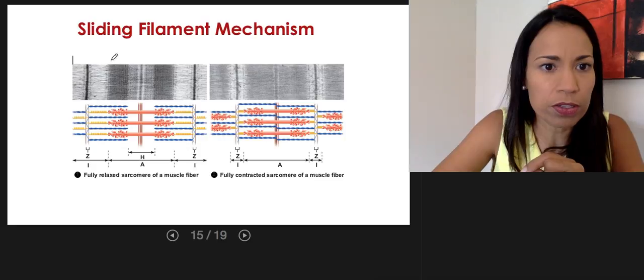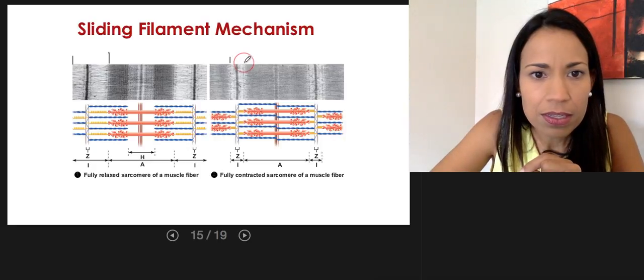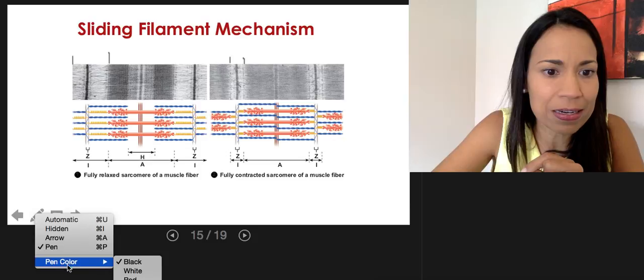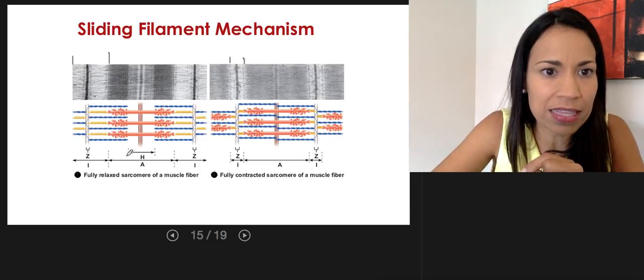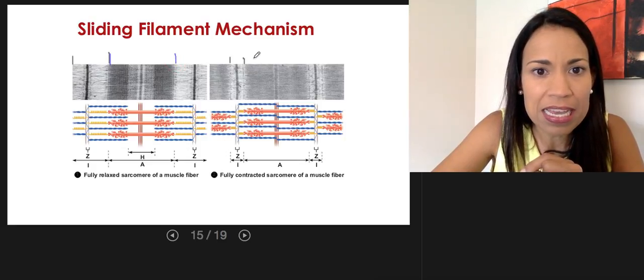See the A band from here to here. Compare that to this contracted A band. Now compare the A band containing thick filaments; it remains pretty much the same.